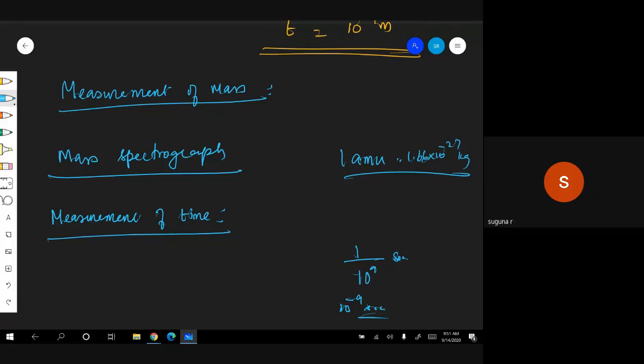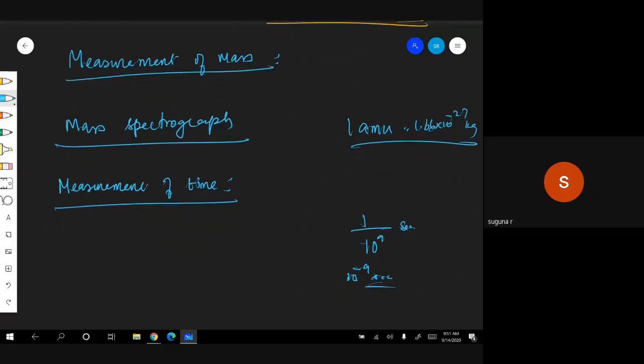But even better than that is one more, what is called the atomic clock. What is the principle of working of an atomic clock? It is based on the cesium atom.